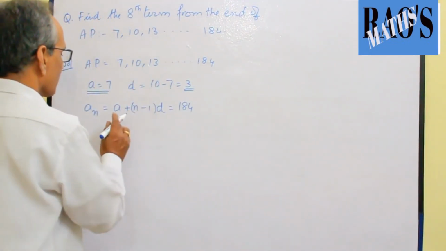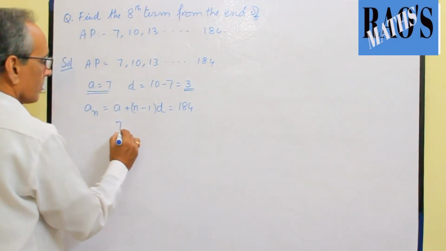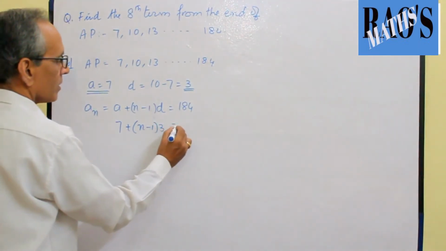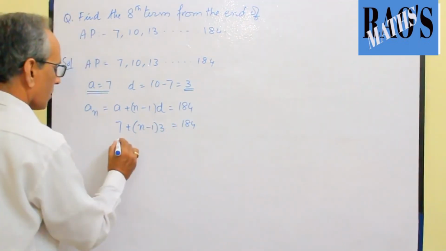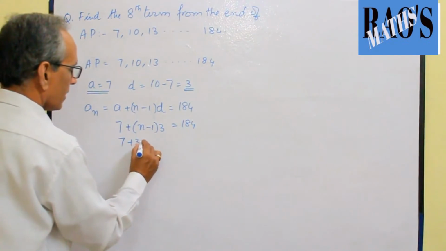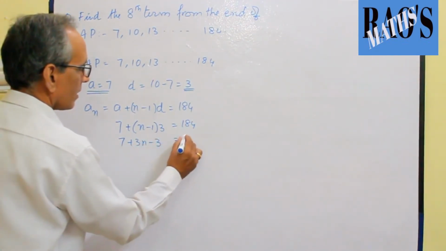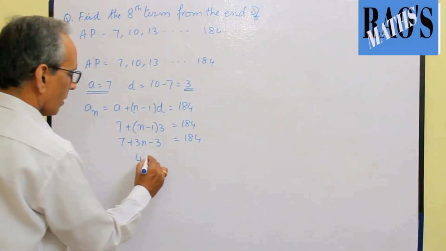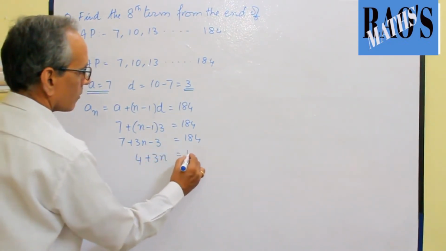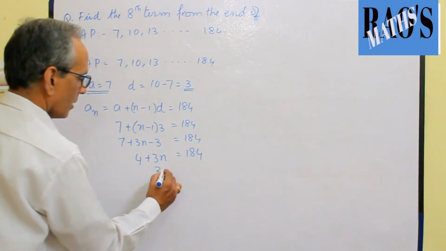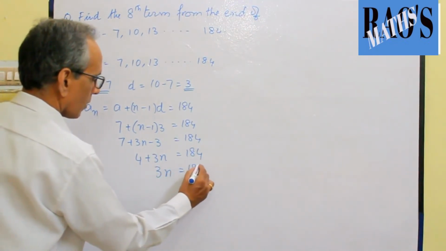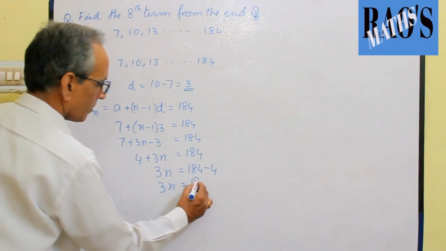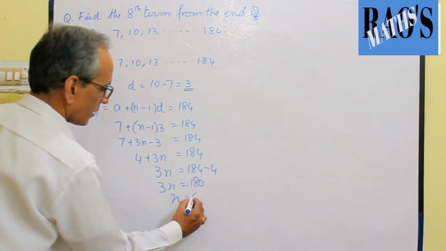So 7 plus (n minus 1) times 3 is 184. So 7 plus 3n minus 3 is equal to 184. 7 minus 3 is 4, plus 3n is equal to 184. 3n is equal to 184 minus 4. So 3n is equal to 180, where n is equal to 60.